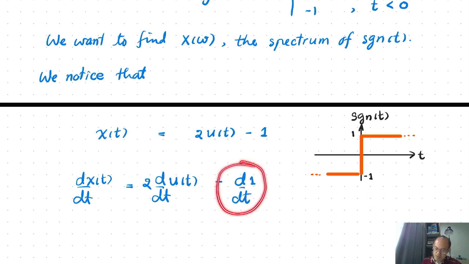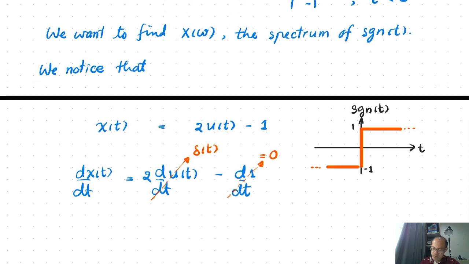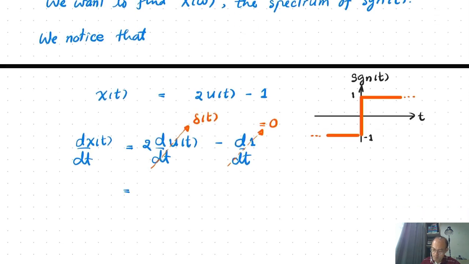Now the latter term is easy because it is the derivative of a constant and that is equal to 0. Now what about the derivative of u? We know from chapter 1 that the derivative of u is delta(t). So dx/dt would be just twice the delta signal (t) here.